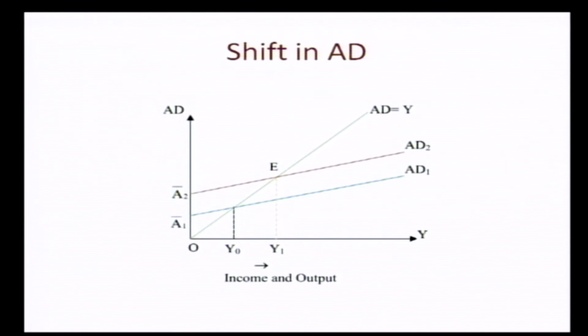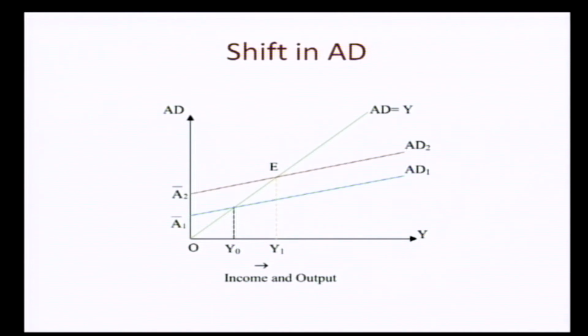Here the initial equilibrium is Y0, when the aggregate demand is AD1, the same AD is equal to Y, that is the 45-degree line, where aggregate demand is equal to aggregate supply. When the AD line and the 45-degree line cross each other, they intersect, that is the equilibrium point. So here I can see that initially the economy is at Y0, and then suppose there is an increase in the investment or government expenditure or exports, there is a parallel shift in the aggregate demand curve.